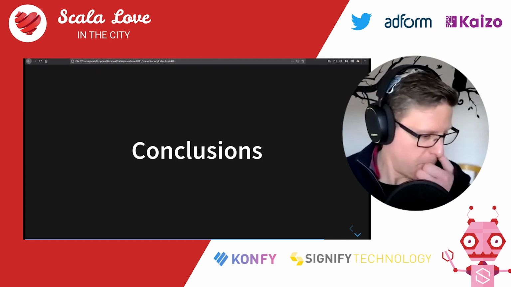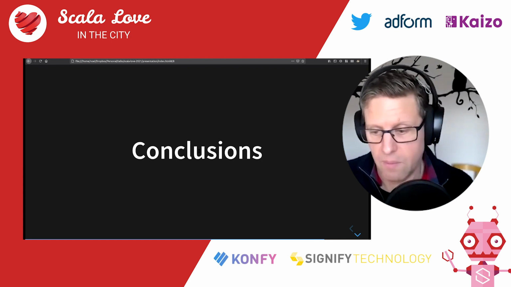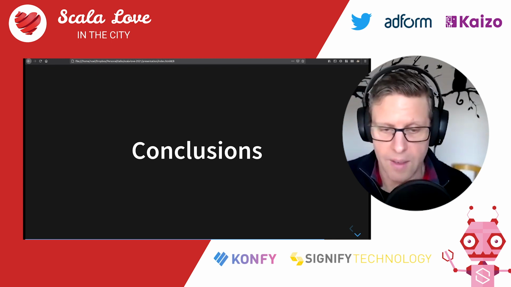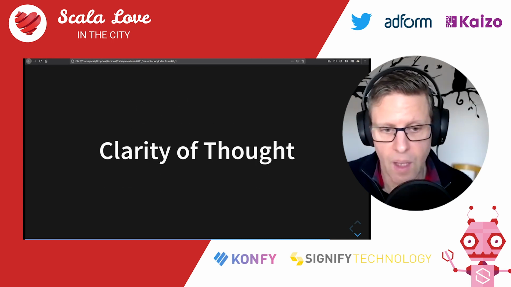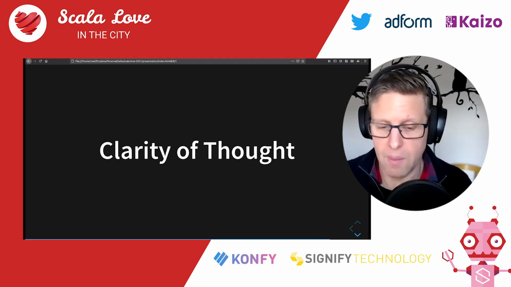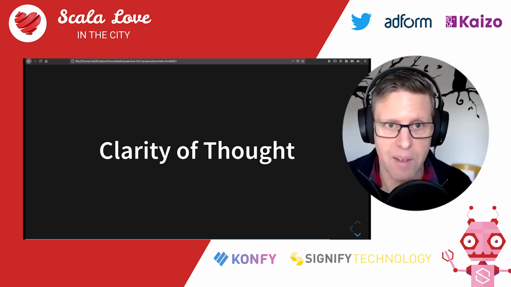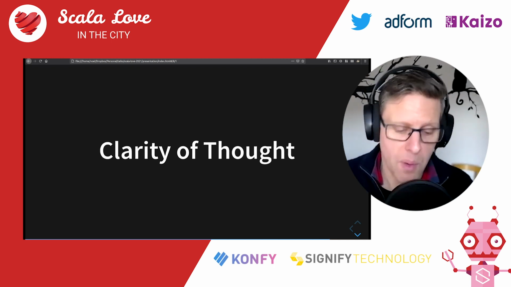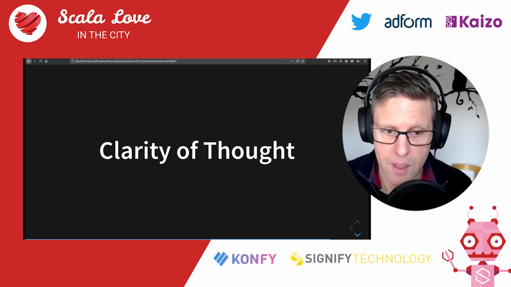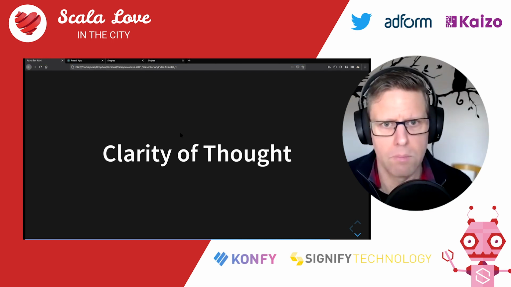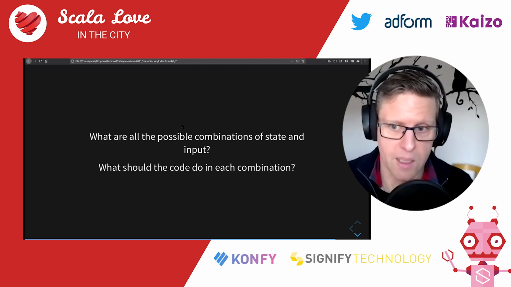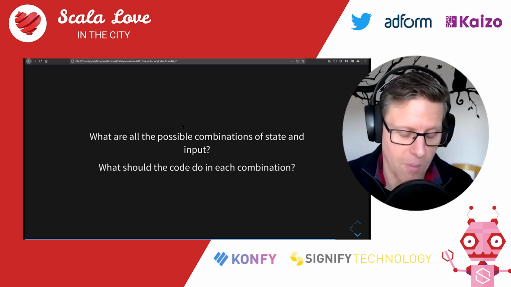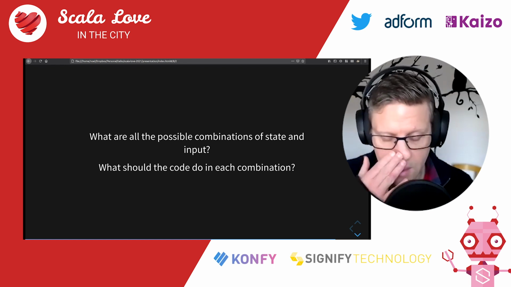So that's what I wanted to show for this tour of finite state machines. Let's go back over the main points again. The main point we get from finite state machines is clarity of thought. When we model something explicitly as a finite state machine, it forces us to think about all possible combinations of state and input, and what we should be doing in each combination.